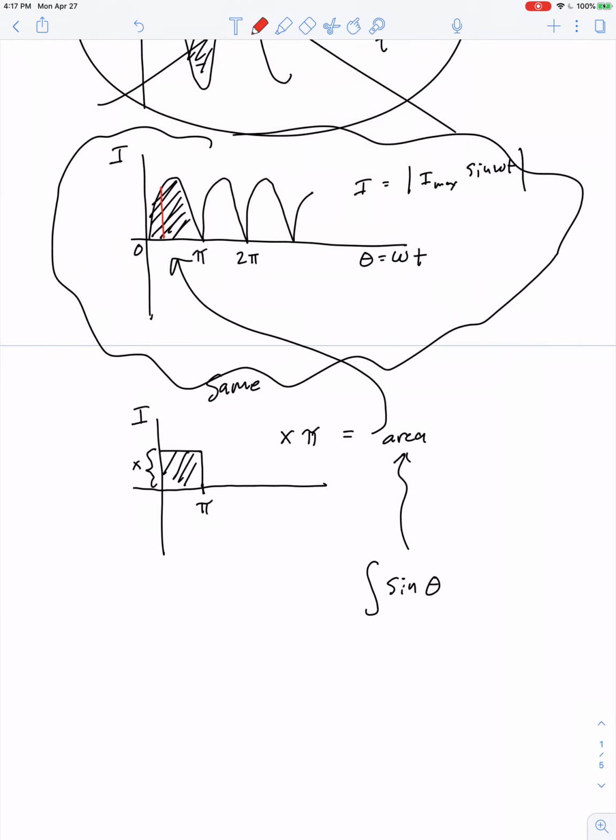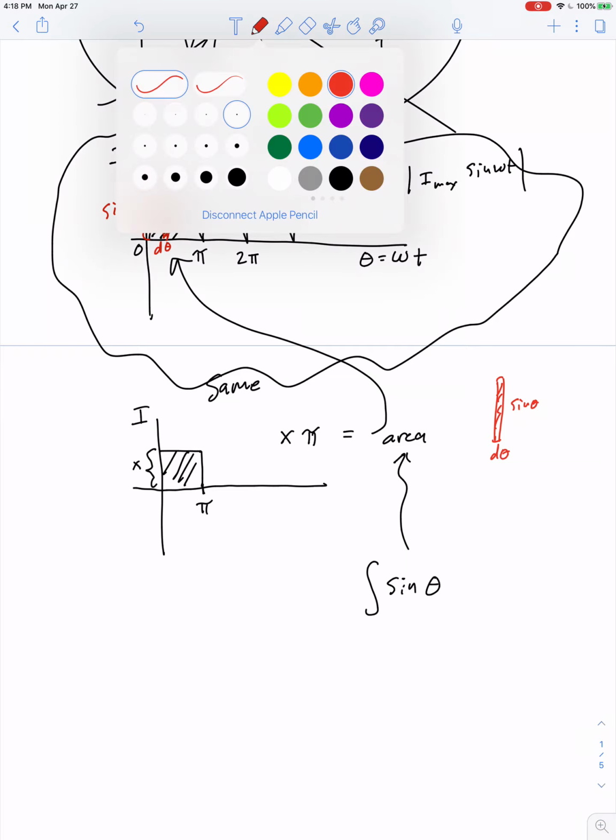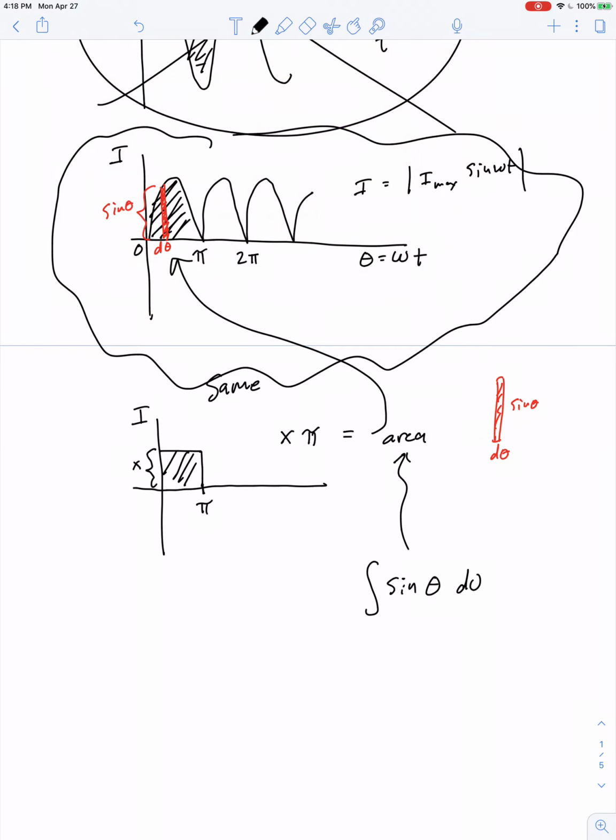We're going to integrate to find the area, which means every one of these slices is just a rectangle with a width of d theta and a height equal to sine of theta. So all we're doing is finding the area of a rectangle with a height of sine theta and a width of d theta and adding it all up. So that's what we mean when we say we're taking the integral of sine theta d theta, and we're going from 0 to pi.